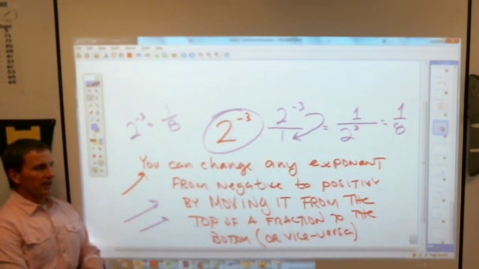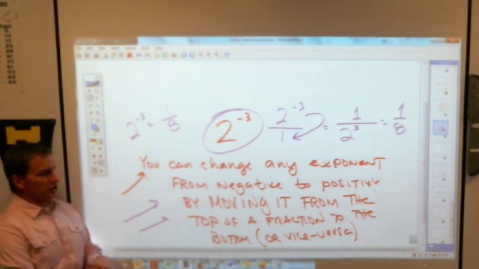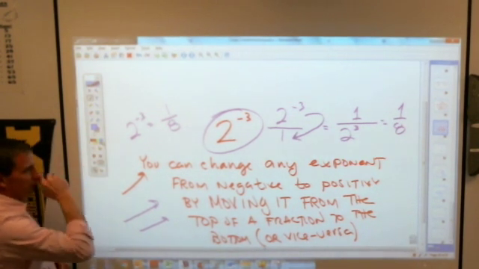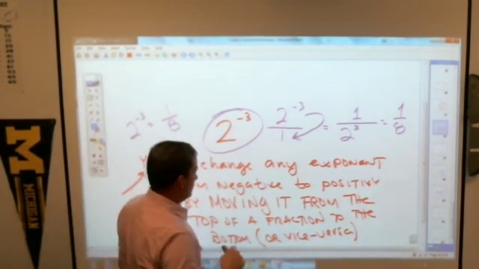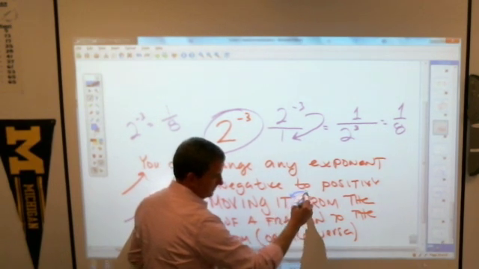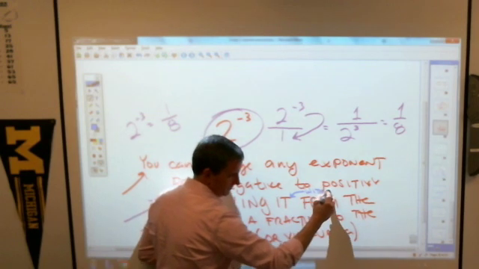You can change any exponent from negative to positive by moving it from the top of a fraction to the bottom of a fraction, or vice versa. Now, I have to put a little addendum in there because this could be confusing. By moving it, put a little arrow there with its base. Because you can't just move the exponent, you have to move the base that is with it.